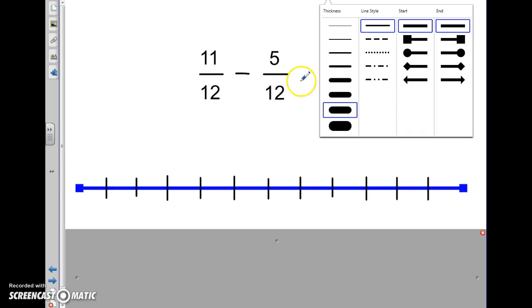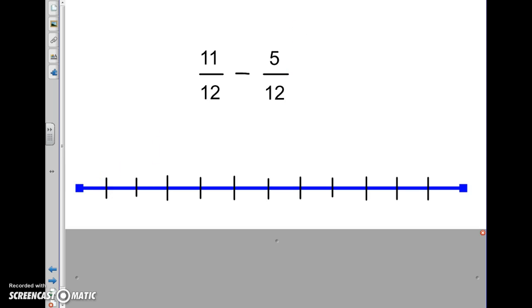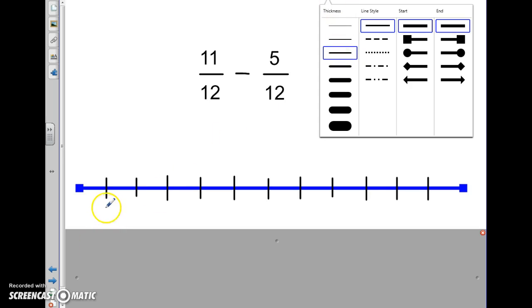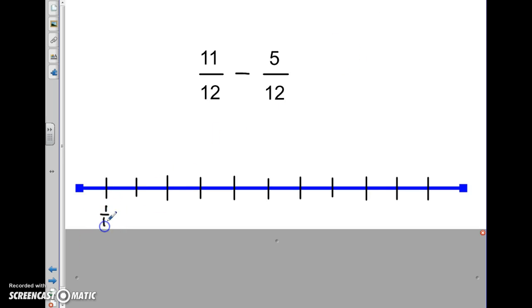Actually, I should probably mark these first, shouldn't I? So this is going to be 1/12, 2/12, 3/12, and so on. You always want to label your line plots, so you know what you're looking at, and so the next person, when they're looking at your work, knows exactly what's happening.